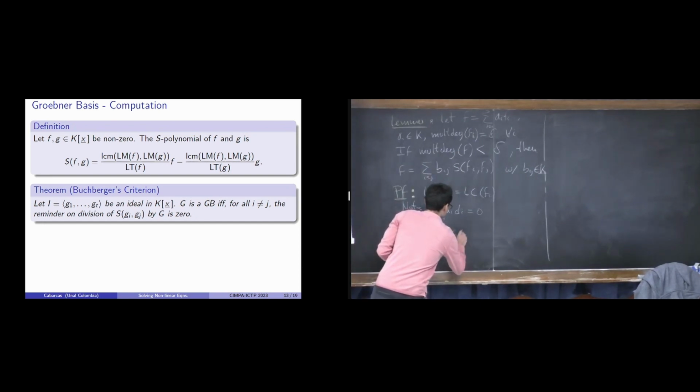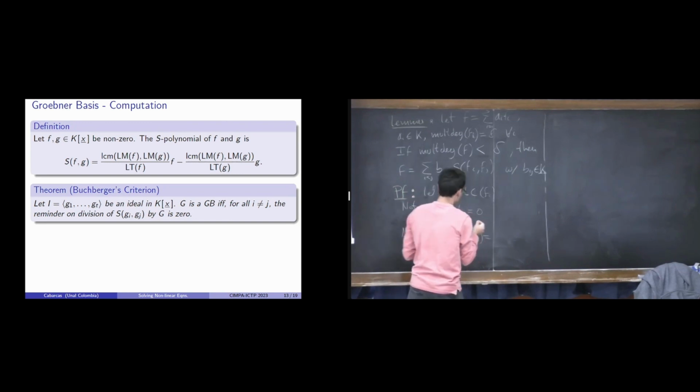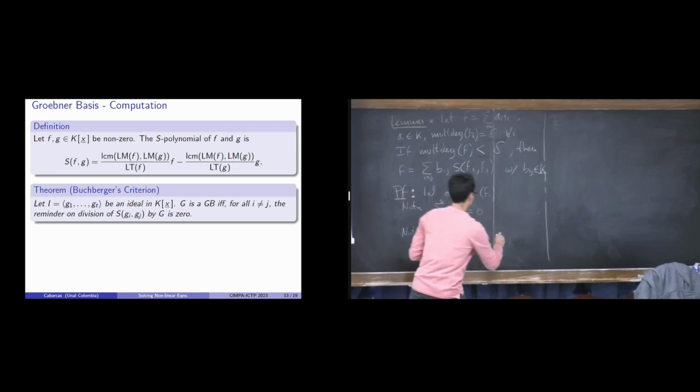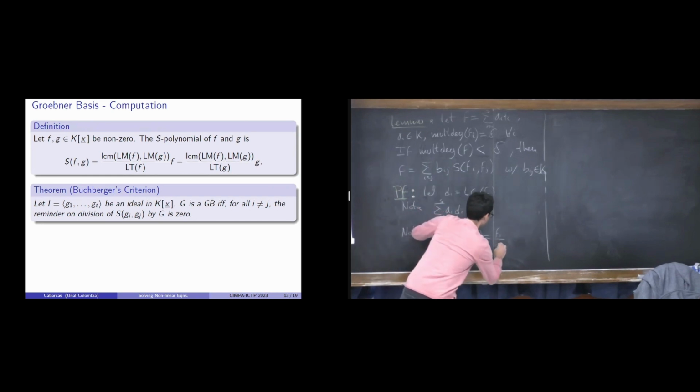The S polynomial of f_i and f_j simply gets multiplied by the correct coefficient. So it turns out to be something like f_i over d_i minus f_j over d_j.